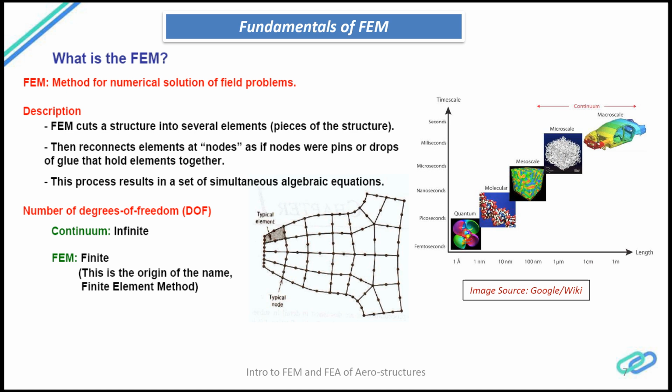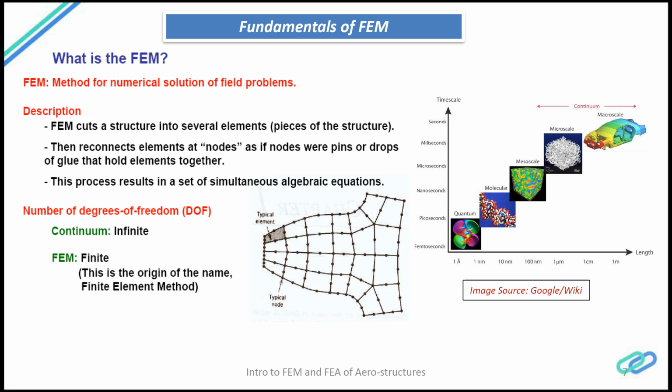Suppose you take this element in the middle, it should be compatible on its edges with its surrounding elements. If it is not compatible, that means there may be a discontinuity or a void in the system. That means the flow of displacements and the flow of functions is not smooth. Since the domain is broken down into multiple subdomains, into small pieces, it's called a piecewise polynomial function.